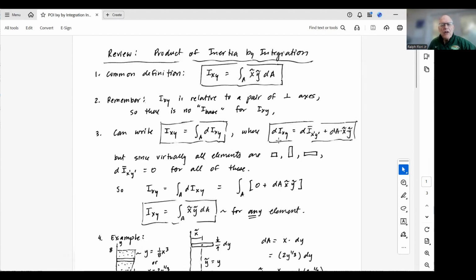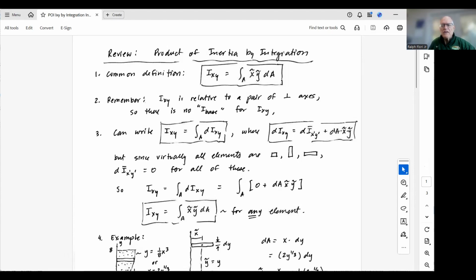If we apply the parallel axis theorem for product of inertia and define Ixy as the integral of dIxy, we write the parallel axis theorem in differential form as dIxy is equal to dI bar x prime y prime plus dA times x tilde y tilde. Since virtually any element that you choose is a square or a rectangle, then dI bar for all of these guys is 0.